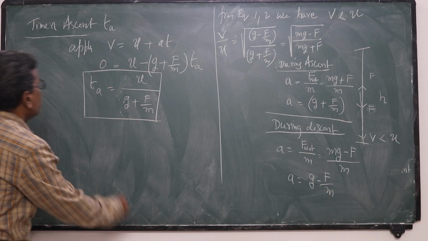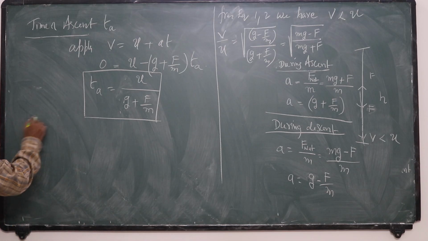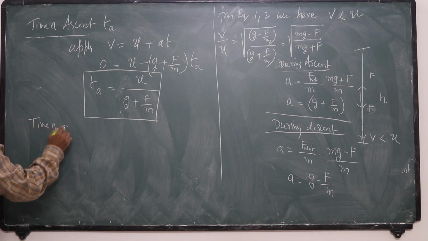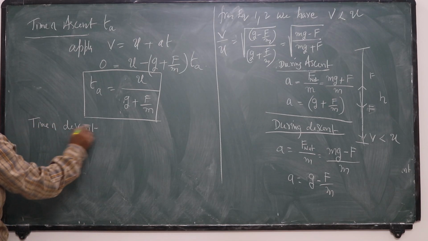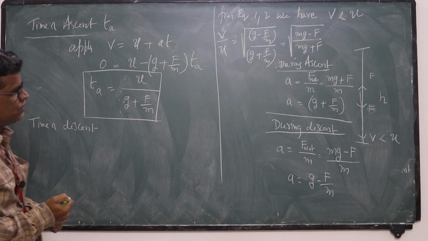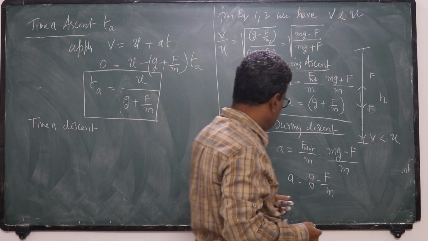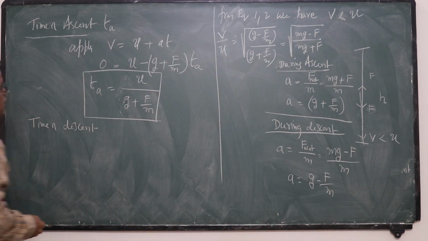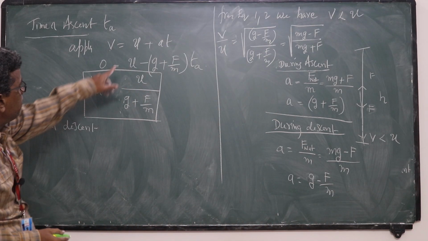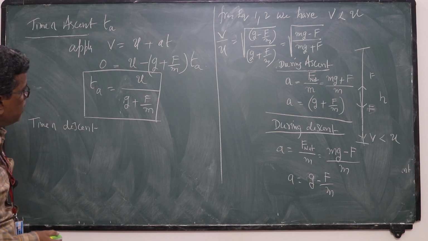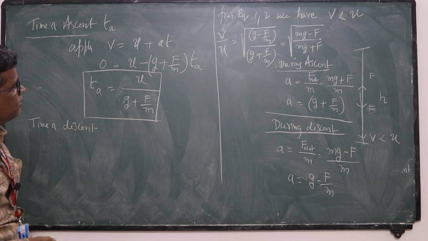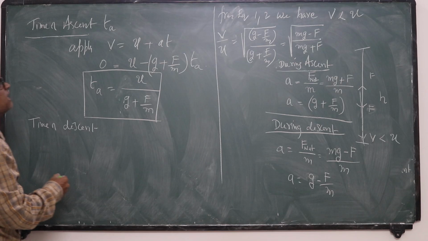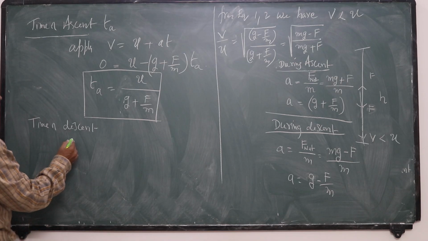Okay. So I want the time of descent. What is the time of descent? Initial velocity is 0. So with what velocity will it hit the ground?